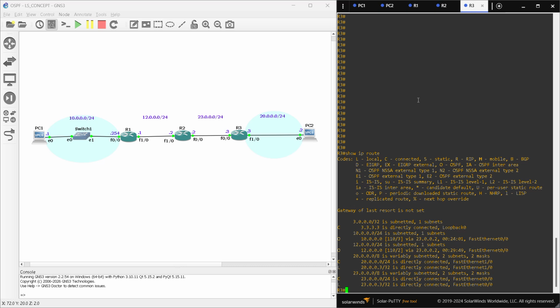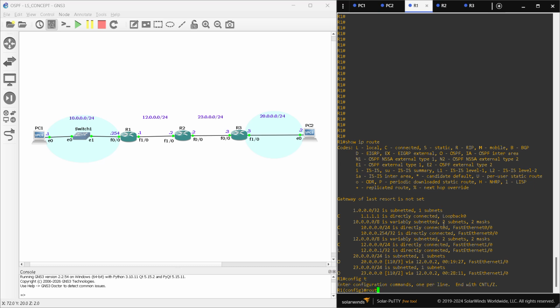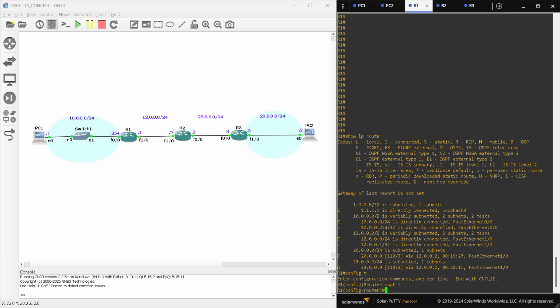So to do so, we have to configure it. For that, router ospf 1, and now we will give network 1.1.1.1, and in the inverse mask we will use 0.0.0.0, not 255.